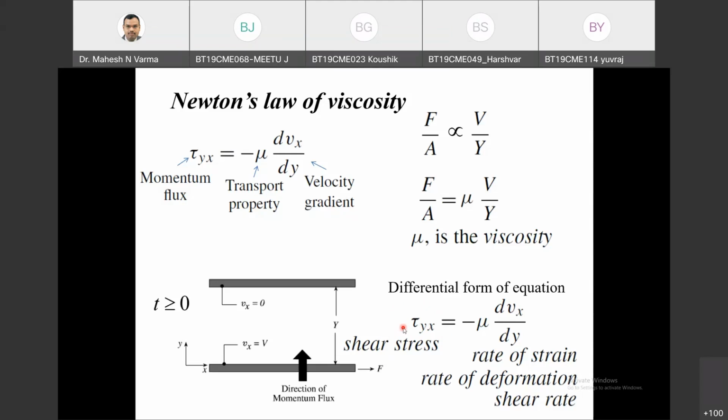This is very, very important. So tau yx is also called x momentum in y direction. In statement form, it is called the flux of x momentum in y direction. This is what I was referring to every time.